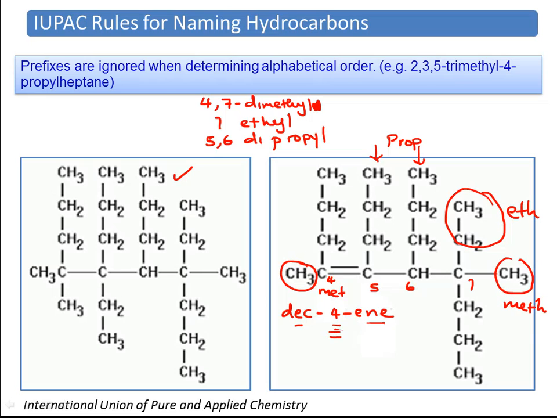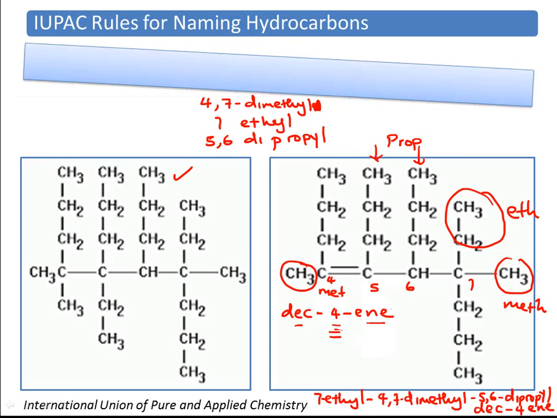So when we put this together, what we're saying is we've got 7-ethyl-4,7-dimethyl-5,6-dipropyl-dec-4-ene. That's the correct name for that.